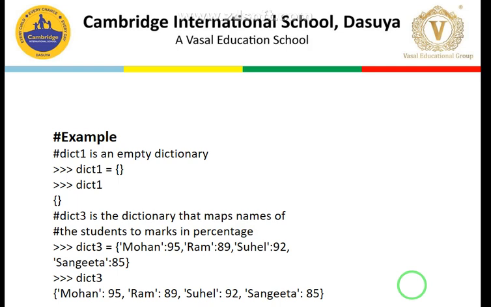So it has 1, 2, 3 and 4 items here. Similarly, next Ram is acting as a key and 85 is the value. That's why a key value pair is called an item. We have displayed here the items of the dictionary. Curly brackets are basically used for dictionary.